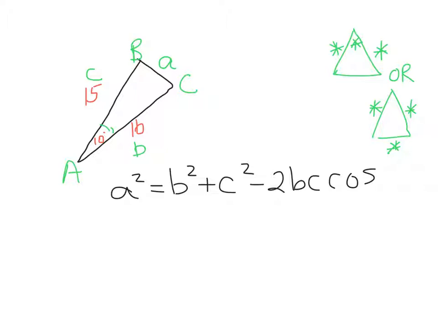I can tell by the formula that in order to solve for an angle, I have to know what all three sides are. All three of these sides are in the formula, so I have to know all three of them before I can actually solve it.